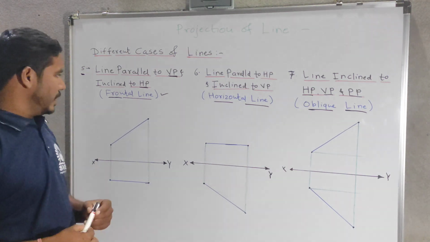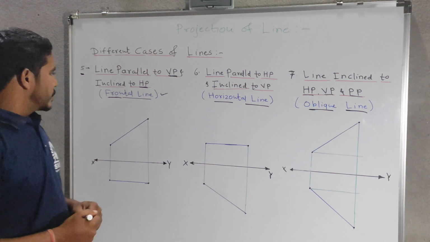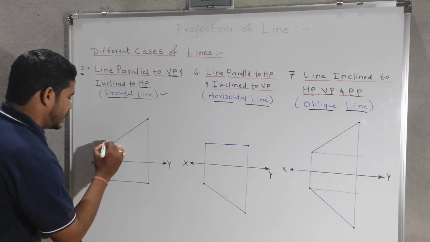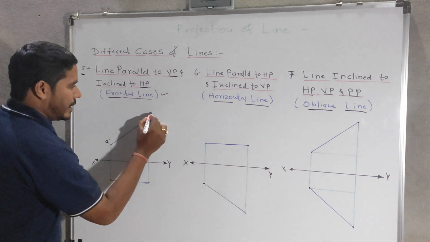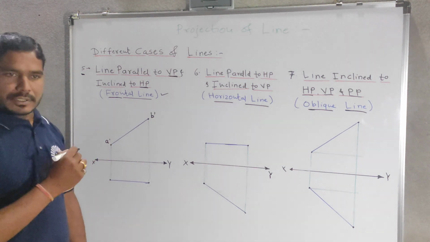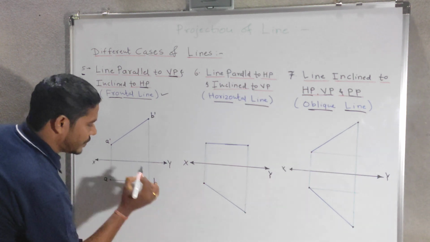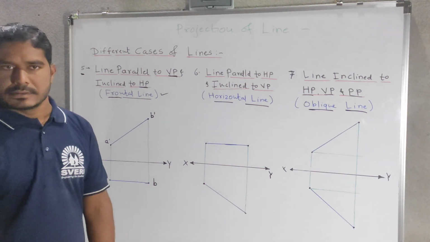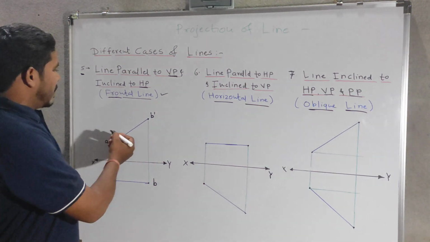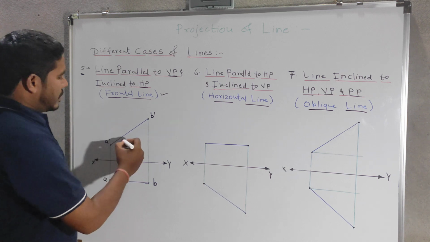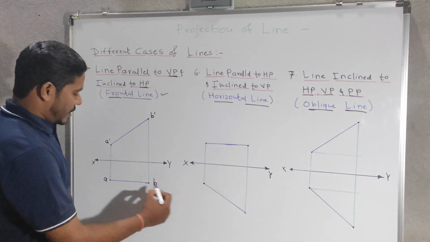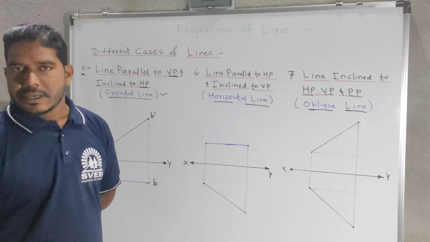In short, in case of the frontal line, if you consider the line as AB, its front view will be A dash B dash and its top view will be AB. So the front view is inclined to XY, and the top view is parallel to the XY.